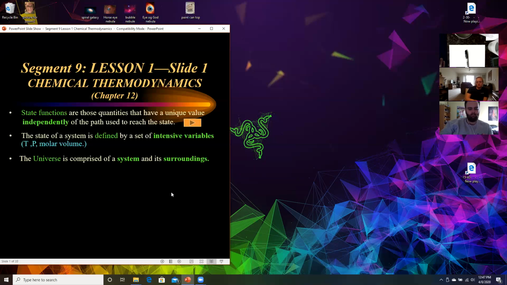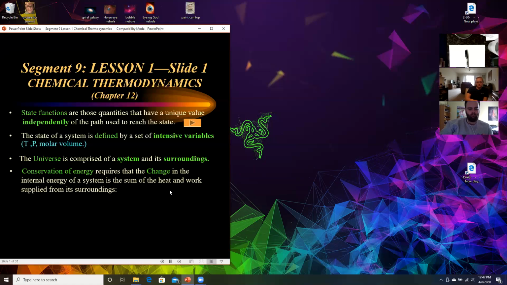So we've defined the universe now. It's a system and its surroundings. Now, conservation of energy is an important property. The law of conservation of energy says that the energy of the entire universe is constant.